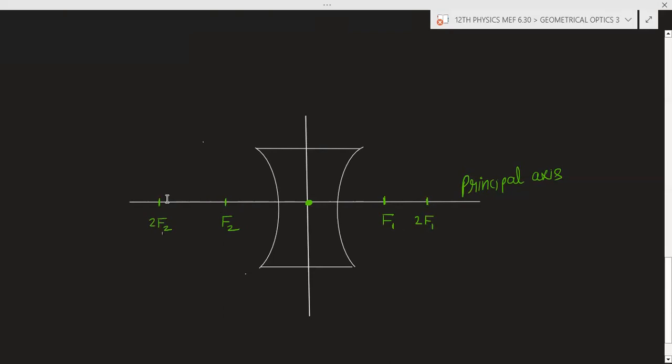F1, 2F1, F2, 2F2. So this is the optical center. Remember, the distance between the optical center and F2 is the same as the distance between F2 and 2F2. Same is the case for F1 and 2F1. That means the distance between the optical center and F1 is the same as the distance between F1 and 2F1.